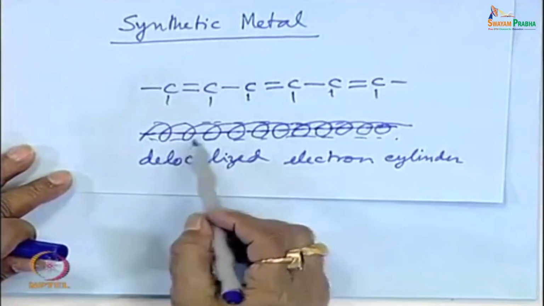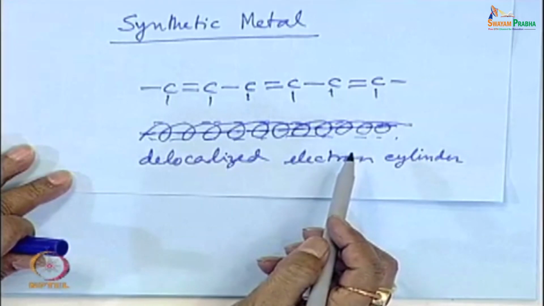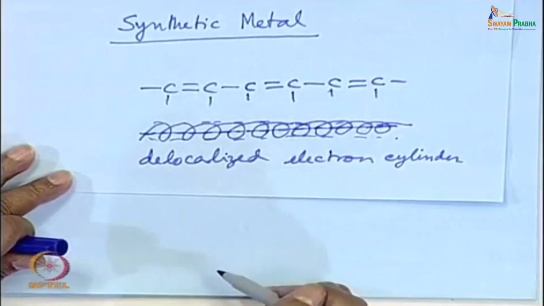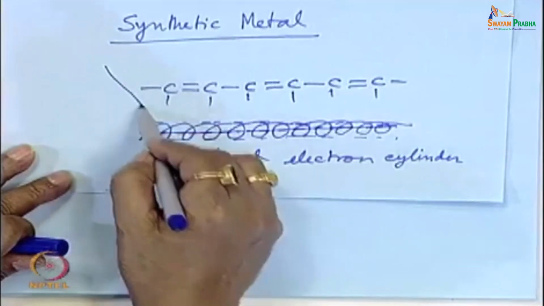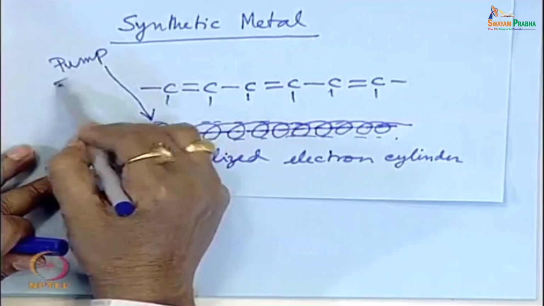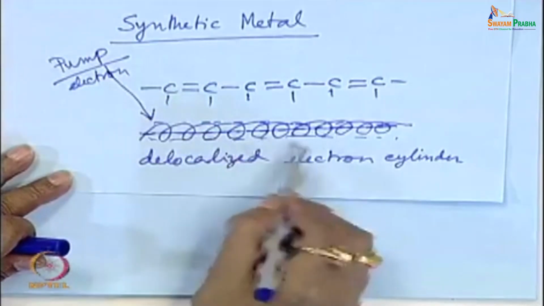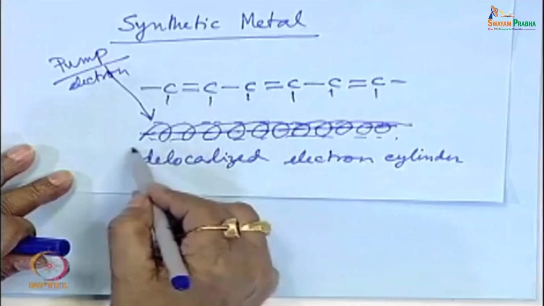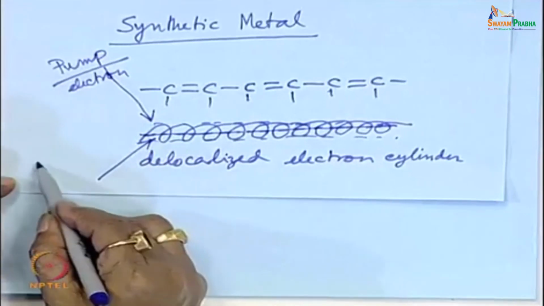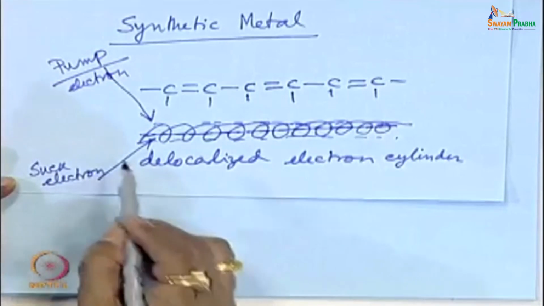The thing is I was telling you, if you consider this diagram, this one, electron cloud. Okay. So, if you can make some device, so that either you can pump electron to this system, or you can suck electron from the system.